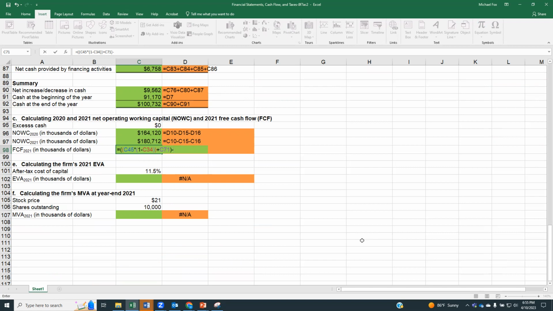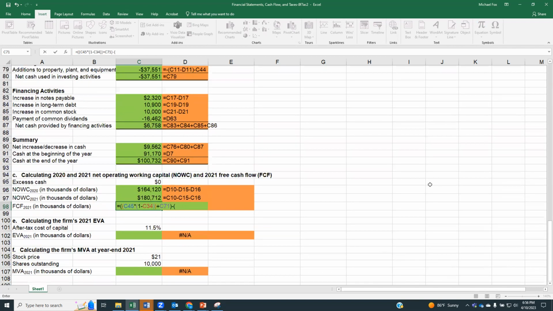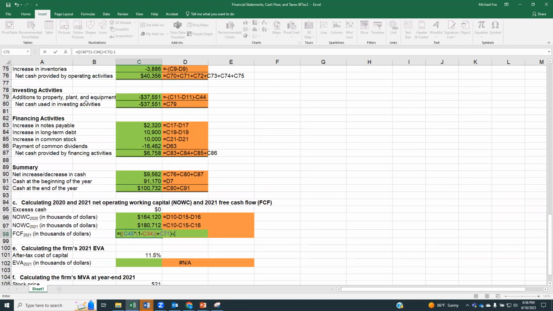And then I'm going to say minus, and I'll do a parenthesis, and I'll click on capital expenditures, which is actually this net cash used for investing activities. We actually want this as a positive number though. So that's going to confuse things. So I'm going to say the absolute value of C80, which is the amount of money we paid, but it wants the positive value.